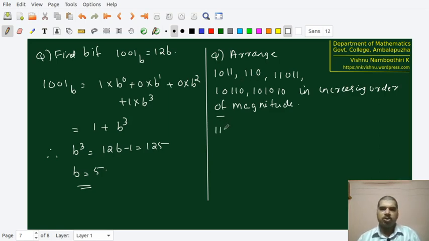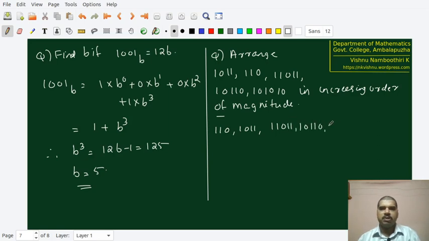110. Therefore, that is the least number, with 3 digits. What are the numbers with 4 digits? 1011. What are the numbers with 5 digits? 11011 and 10110.